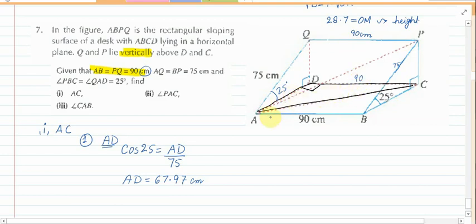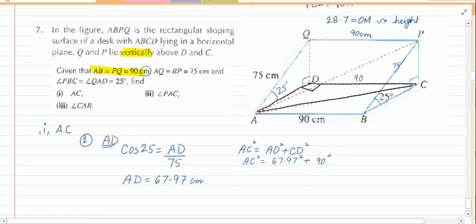Value of AD we know, value of AC, that is the hypotenuse. So again, by using Pythagoras, AC square is equal to AD square plus CD square. The value of AC is unknown. The value of AD we found out: 67.97 square plus CD is 90 square.